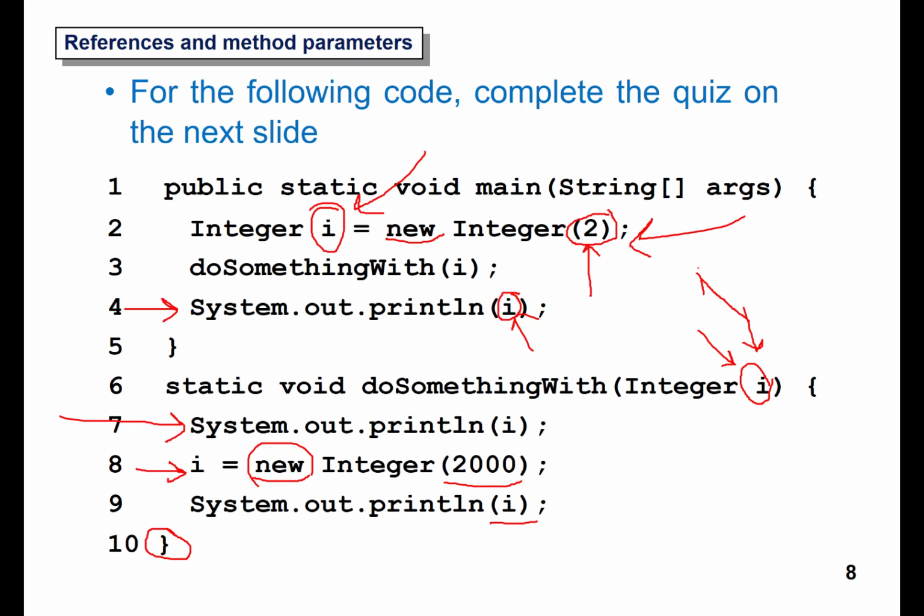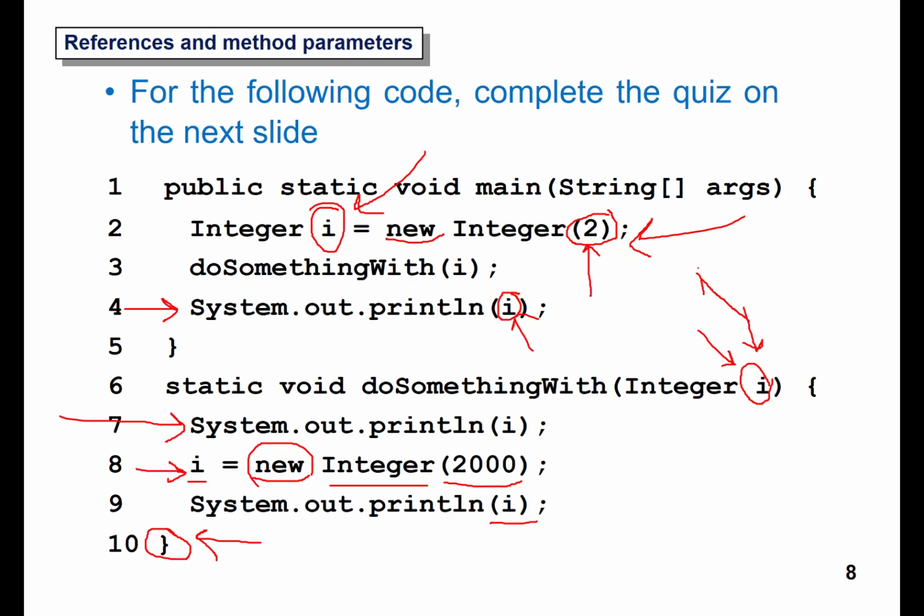So as soon as we reach this second curly bracket, its variables and references are what we call out of scope, and they disappear. So this reference I here disappears, and therefore this object is no longer pointed to by any reference, and Java's automatic garbage collection system kicks in and deletes the objects automatically.